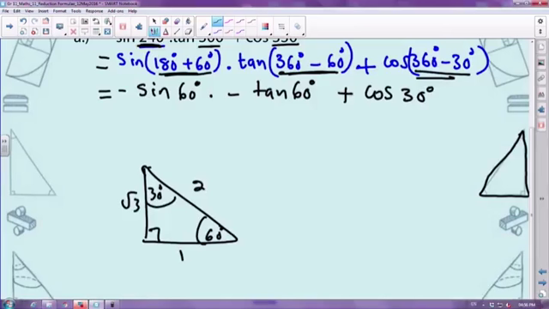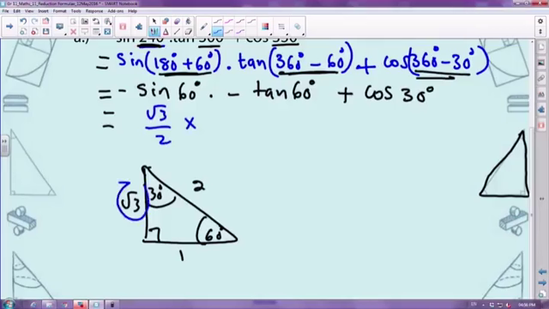Now, let's just go to our triangle. Sine 60 is a square root 3 over 2. Okay? Then we write that down. But what is negative times negative? That's a plus. So we've got the square root 3 over 2 times tan of 60 degrees, right? Tan 60, that is y over x.